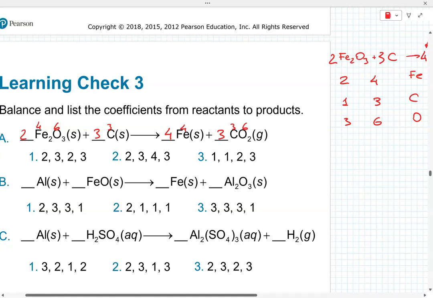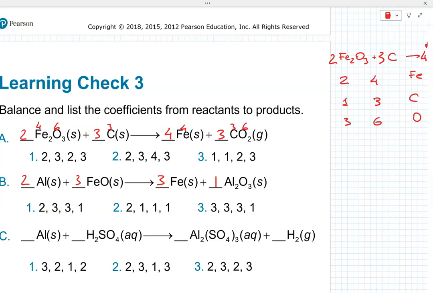Okay, so it's not 2. Which one is? Aubrey, would it be 2, 3, 3, 1? Yes. Well, actually, don't trust me. Let's figure it out. How many aluminums are on the left? On the right? Aluminums are good. How many irons are on the left?